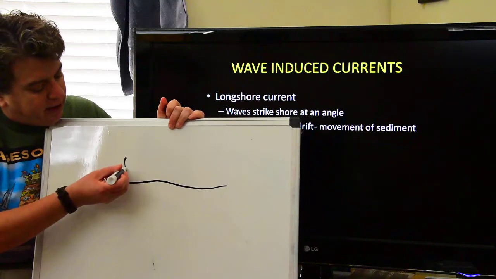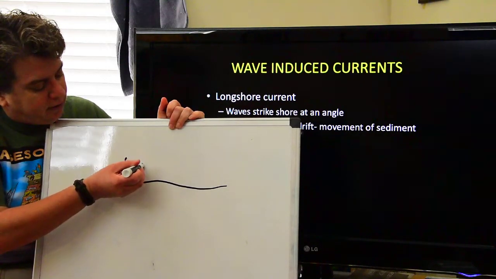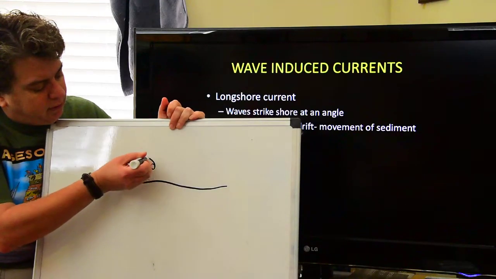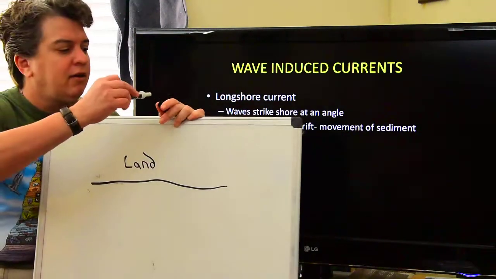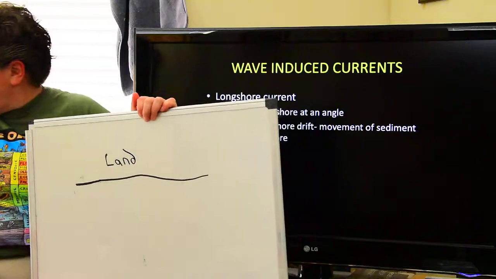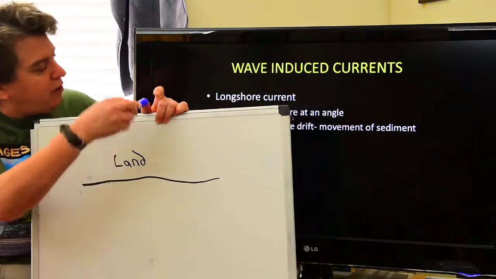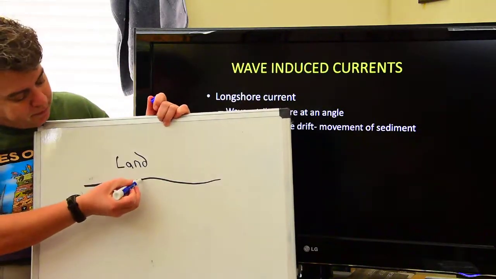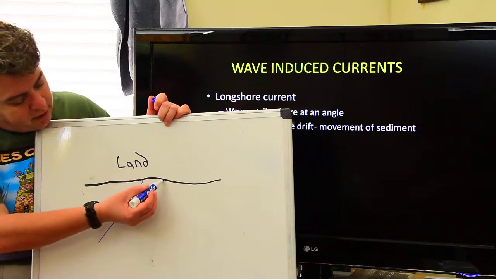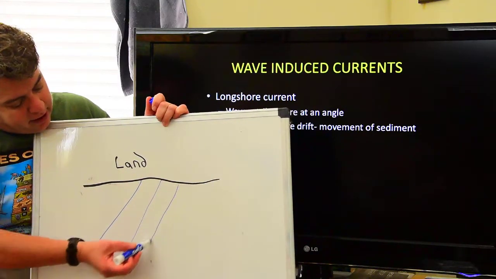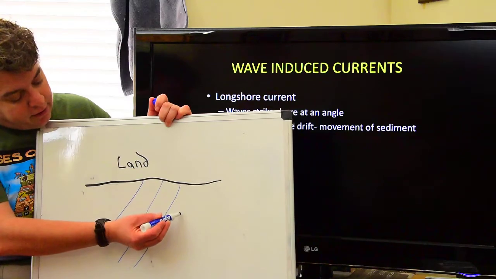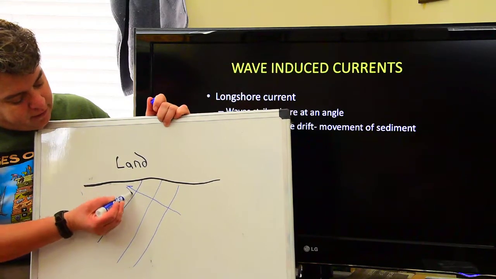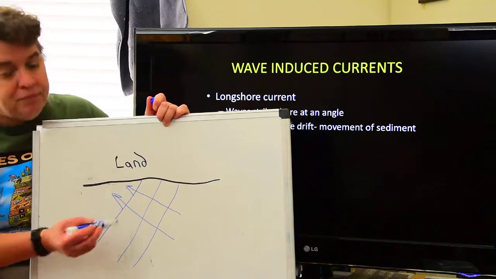So if we have land over here, and we have the ocean out here. And these are going to be the crests of waves arriving at shore. So these wave crests are traveling this way.